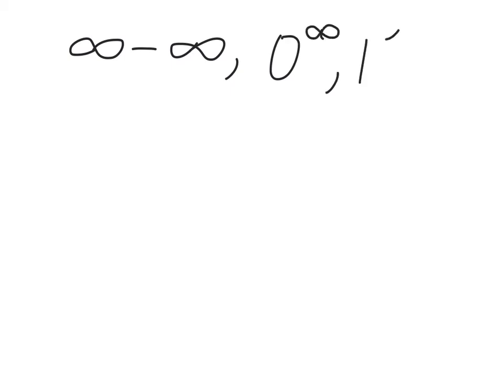Now some of the other forms that we had to change, infinity minus infinity, 0 to the infinity, 1 to the infinity, infinity to the 0, and several others we looked at, and we had some different procedures.